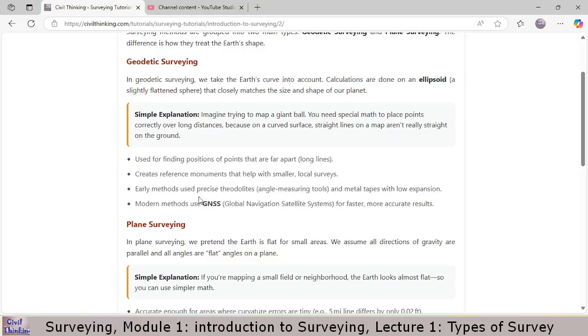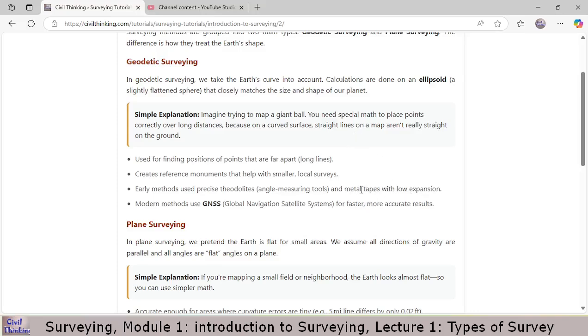Now earlier, or in fact even nowadays, in geodetic surveying we use a device called a theodolite. So what are theodolites? They basically measure the angles. And what did they use in the geodetic survey? Earlier they used metal tapes with low expansion, because we had to care about the temperature of the environment where we are carrying out the survey.